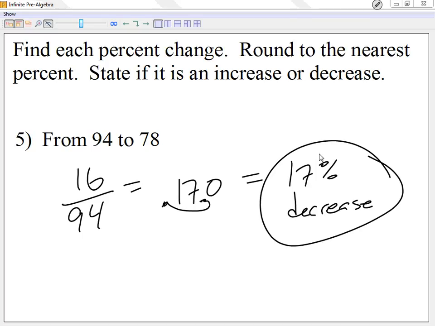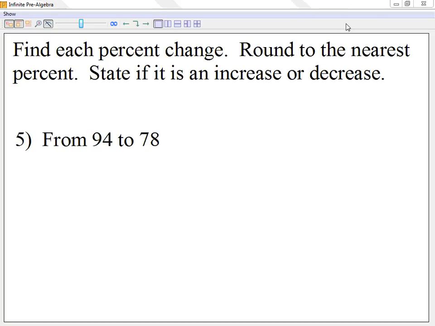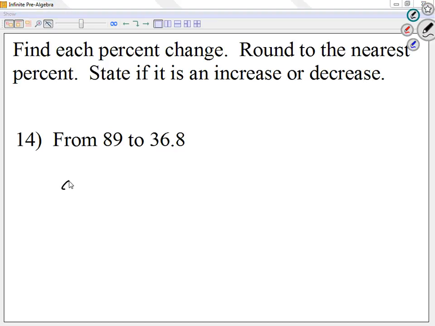Any other questions? Yeah. 14. From 89 to 36.8, let me subtract those. 89 minus 36.8, and I get 52.2. So it changed by 52.2, which I'm going to divide by 89.